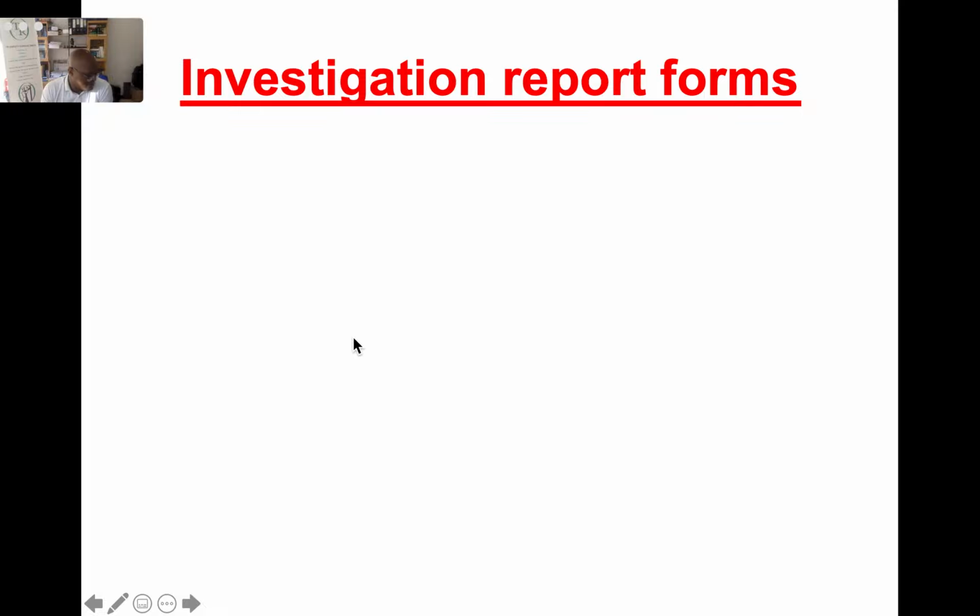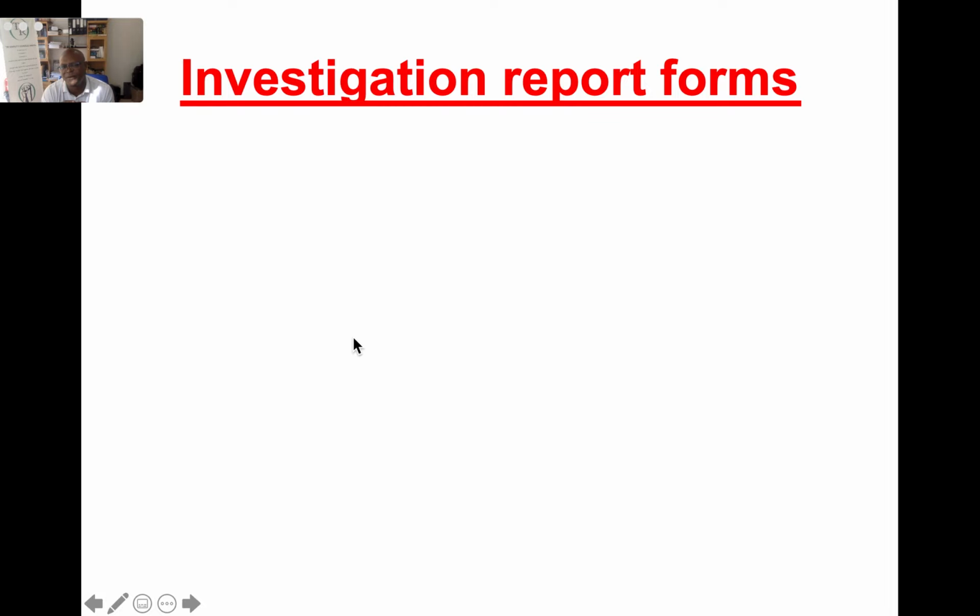Now, our other very important point to revise in this segment is the investigation report forms. Remember, after you investigate, this is when you take your information and start to populate your investigation report. It is the rule of thumb that this report should have very specific sections.